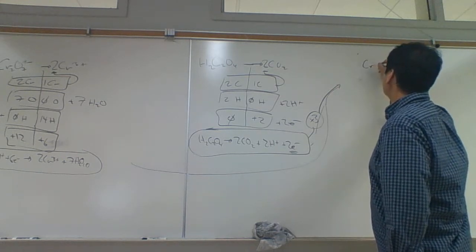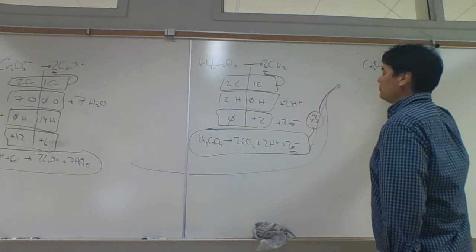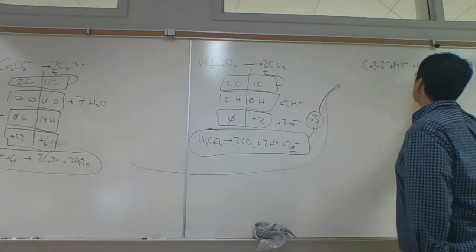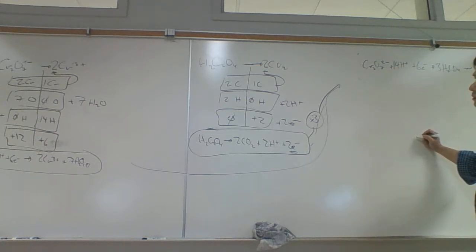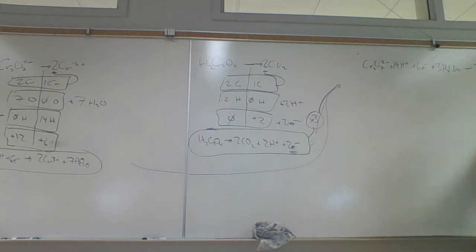So we'll get dichromate plus 14H plus 6 electrons plus 3 oxalic acids goes to 2 chromium 3 pluses plus 7 H2Os plus 6 CO2s plus 6H plus 6 electrons.